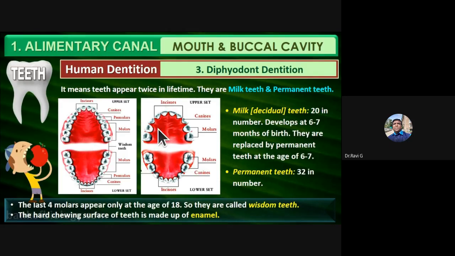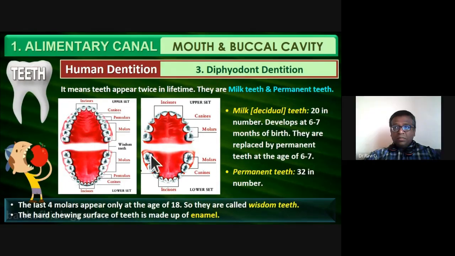Sometimes in the milk set they might ask you to calculate the number of canines in the upper jaw. Only in the upper jaw, there are two canines, 4 incisors, and 4 molars. But if they are talking about the entire teeth, upper and lower jaw, the total number of canines in the milk set is 1, 2, 3, 4.